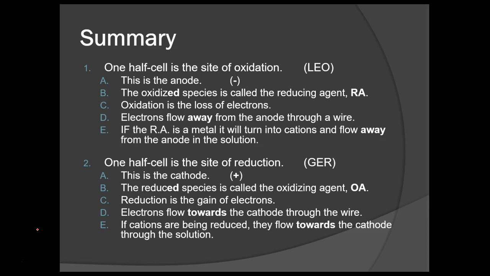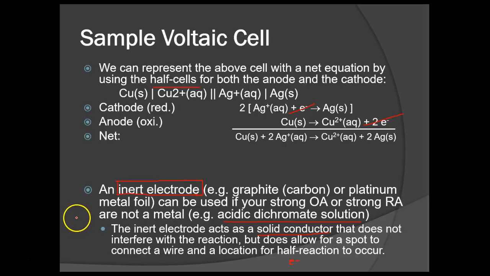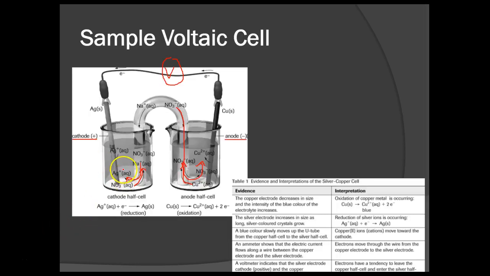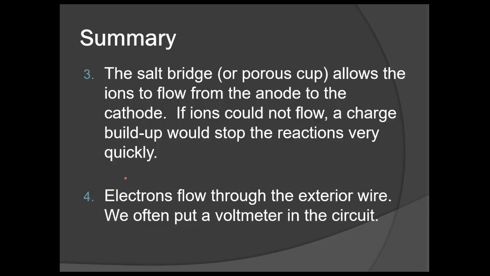The oxidizing agent gets reduced, and reduction is the gain of electrons. Electrons flow towards the cathode through the wire. If the cations are being reduced, they flow towards the cathode through the solution. So in our example with the silver ions, the silver ions in this solution become part of the electrode as they gain electrons.